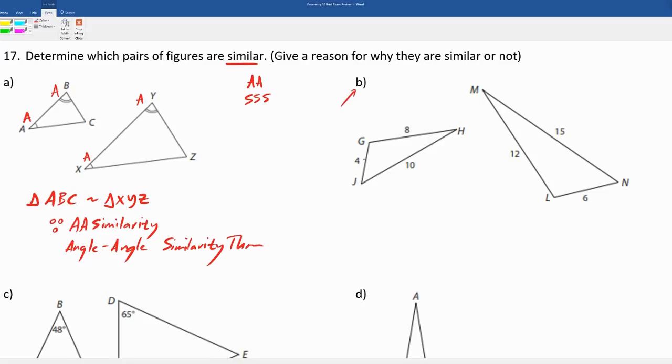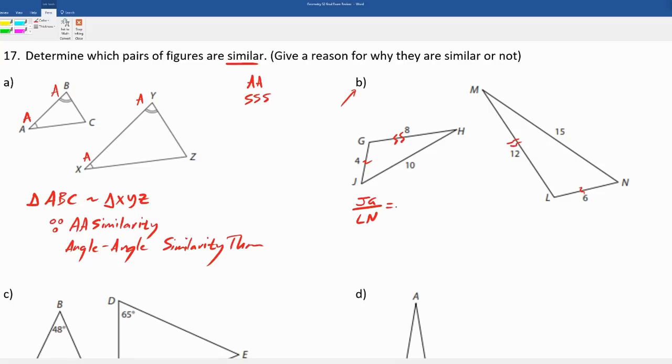All right. We have GJ or JG. Good job, right? And it should be similar to the smaller side right here, right? So JG should be proportional to LN, as should be the second smallest side length.